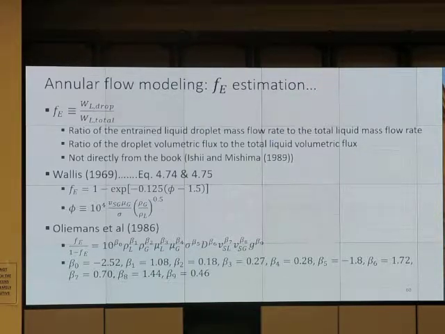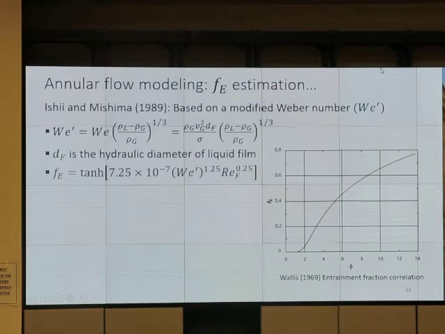So basically, we have 2 closure relationships. The first one is capital I, like stratified flow. For stratified flow, we need to know the interfacial friction factor. This time, we know the relationship between interfacial friction factor and F sub AC.